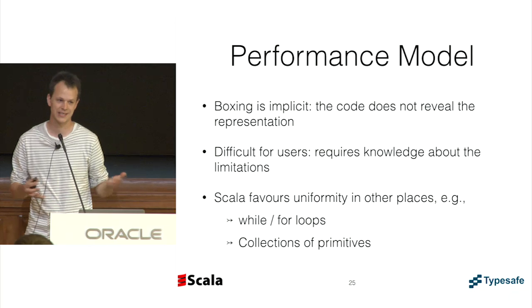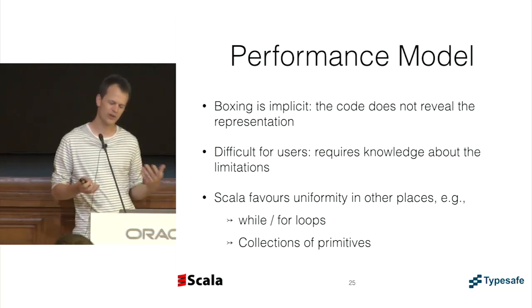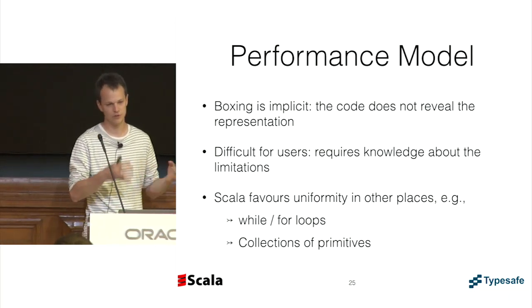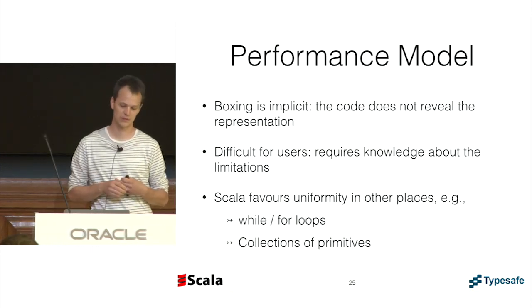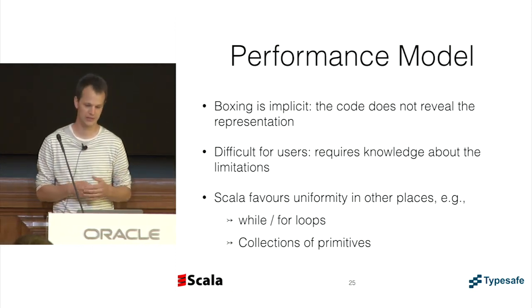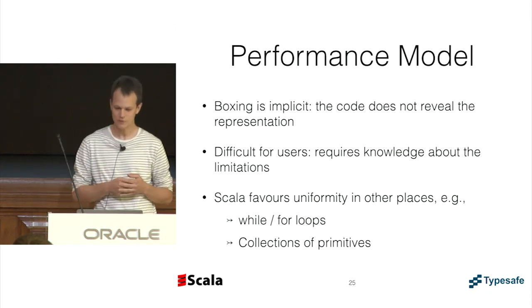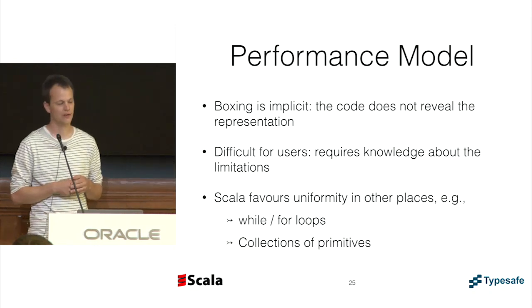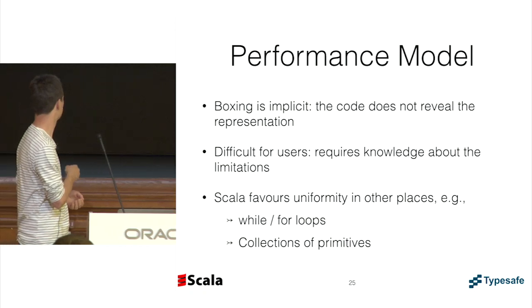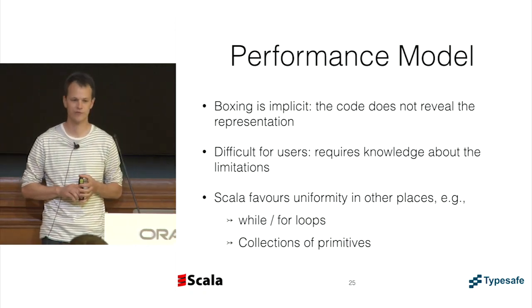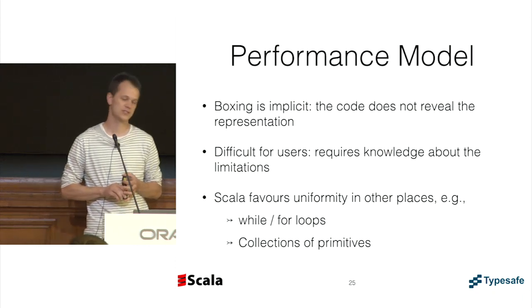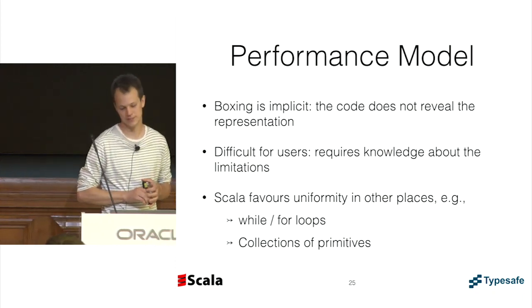On the other hand, we could say that in Scala, we already do kind of favor the uniformity of the code over the performance. So a few examples are while and for loops. If you write a while loop or a for loop in Scala, it's actually a very different thing, the way it's compiled and the way it performs.